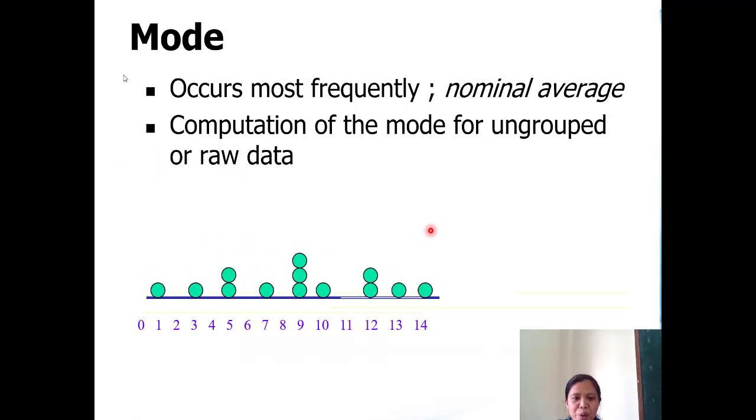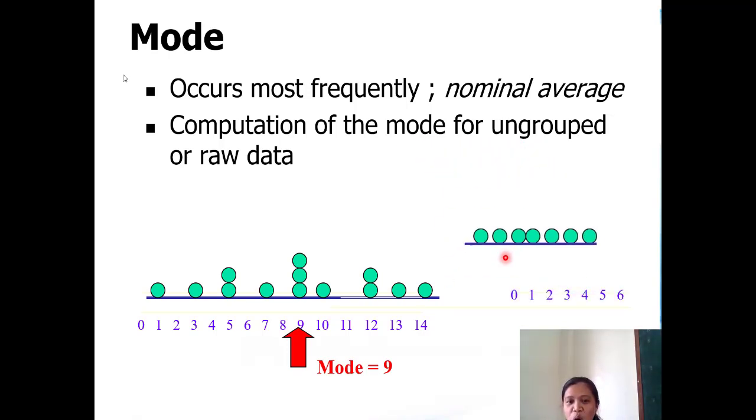For the first diagram we have the set of data: 1 appears once, 3 once, 5 twice, 7 once, 9 thrice, 10 once, 12 twice, 13 once, 14 once. So our mode is the number that occurs most frequently, which is 9, so therefore the mode is 9.